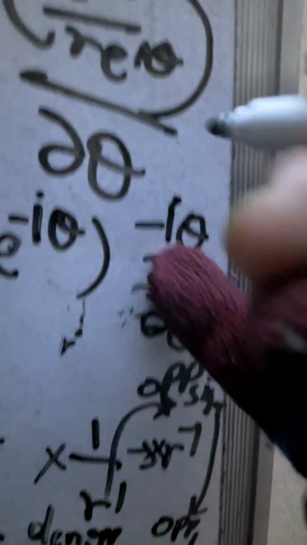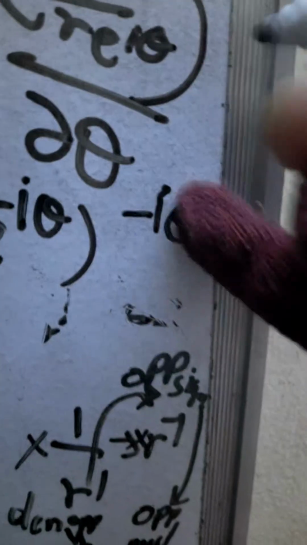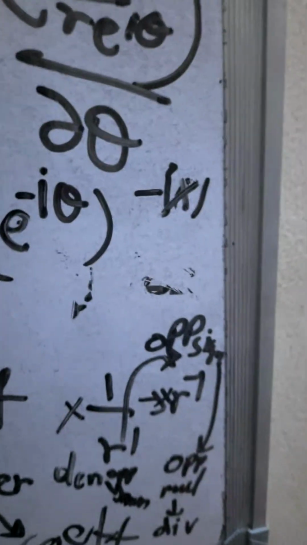Now this was del by del theta, right? So it was minus i. We took this coefficient out, because the constant is multiplied by the theta term, and took the derivative of theta by theta.